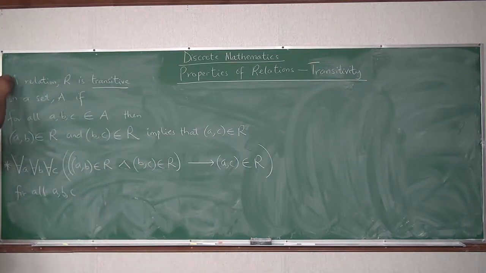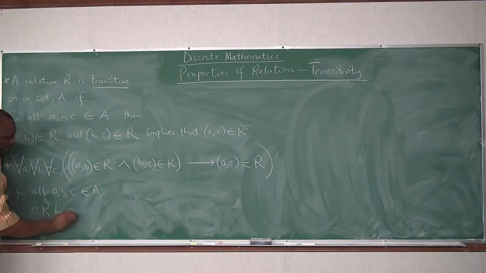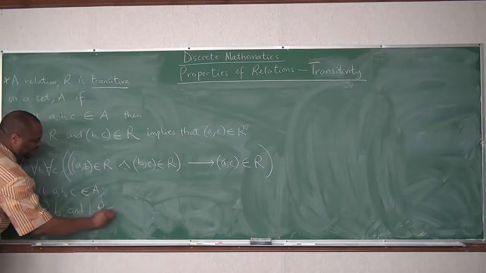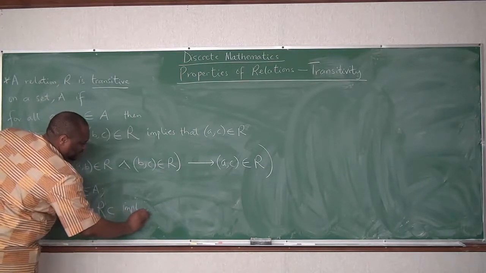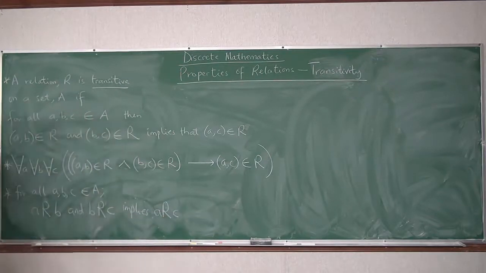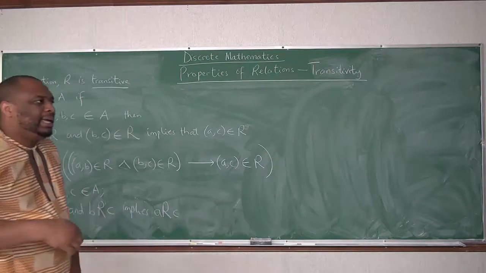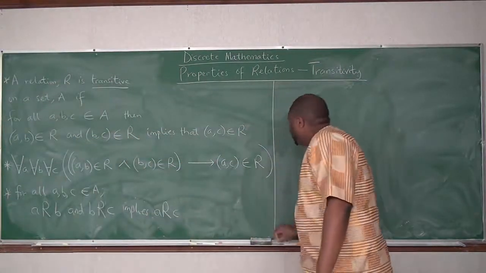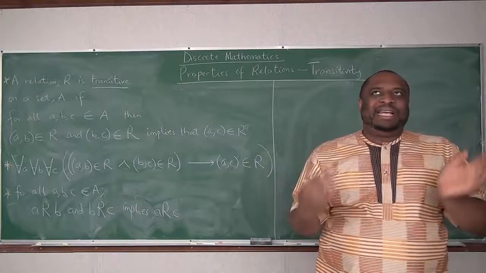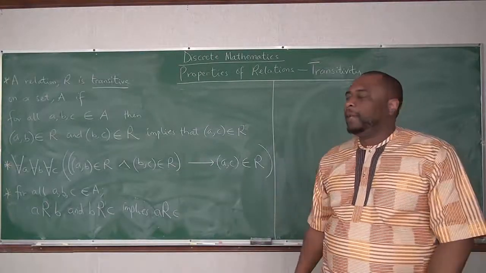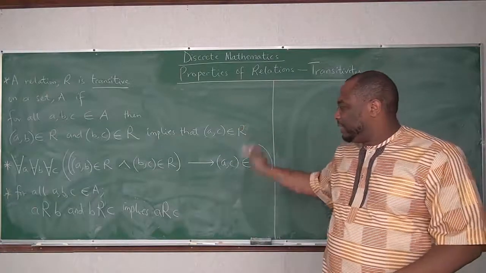For all A, B, C elements of A, then A relation B and B relation C implies A relation C. So that is what we mean by transitivity, saying that a relation is transitive on a set. So any of these is fine.